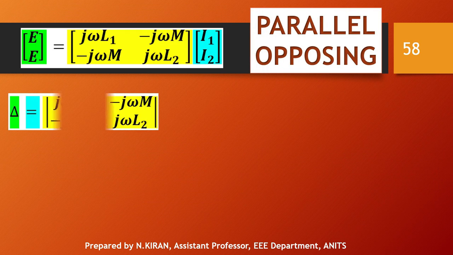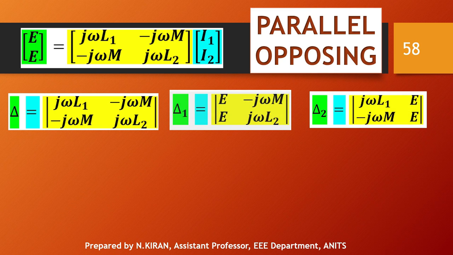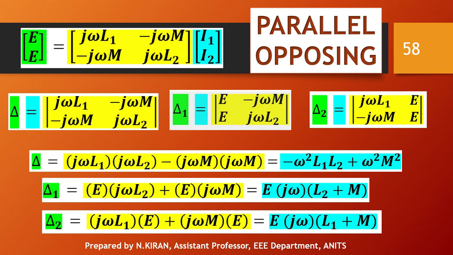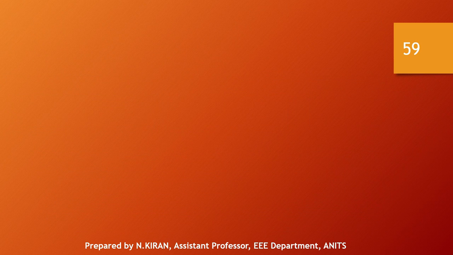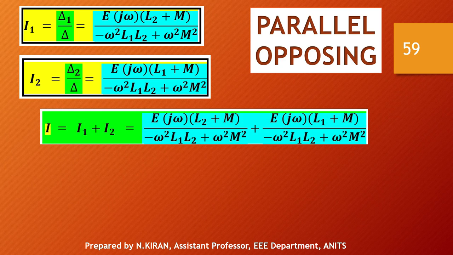So finding delta 1 and delta 2 according to Cramer's rule, I'll get the following expressions. From these expressions, I'll find the expression for I1 to be delta 1 by delta and I2 to be delta 2 by delta, which will give me the total current I as I1 plus I2.